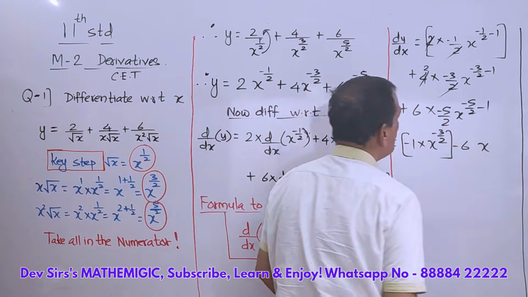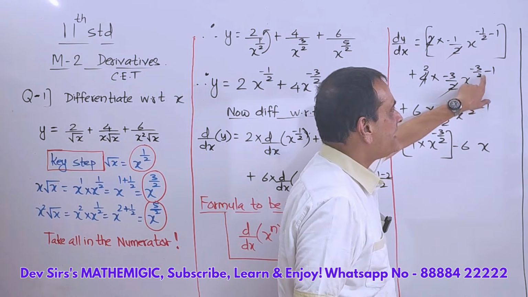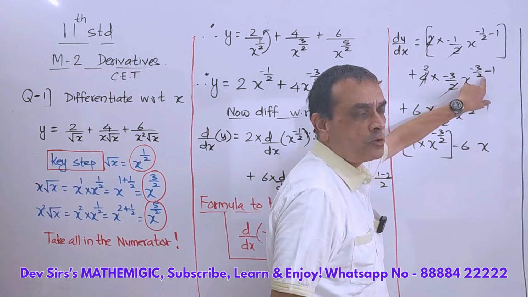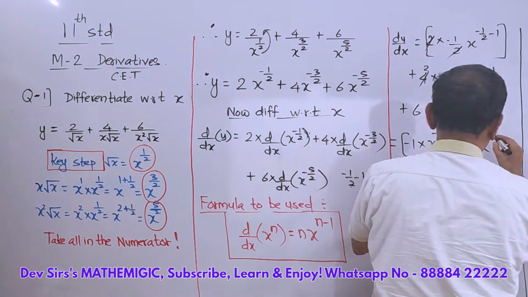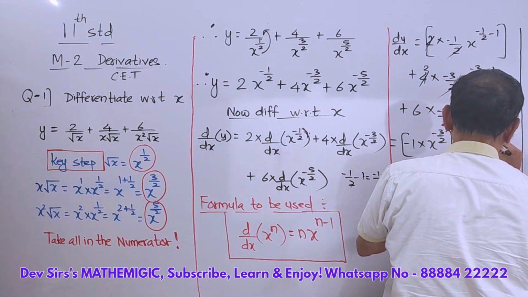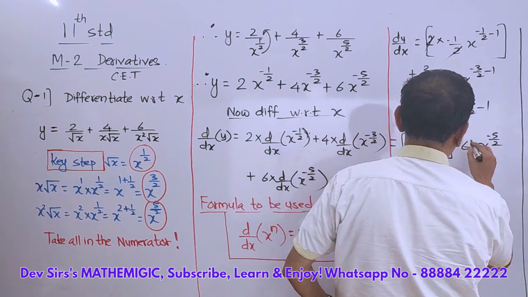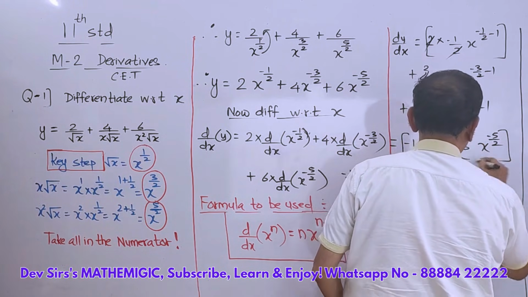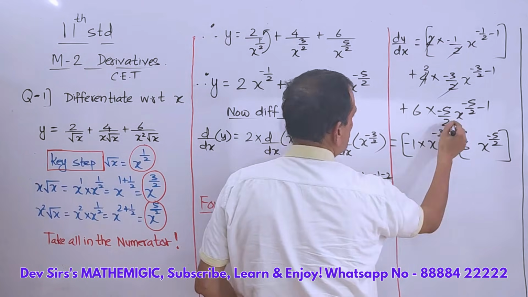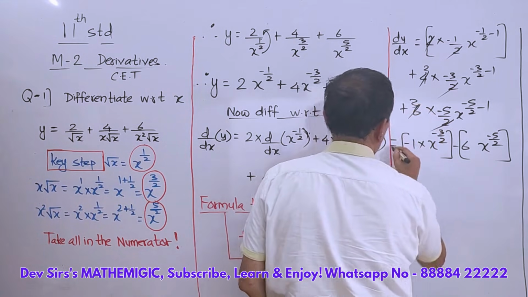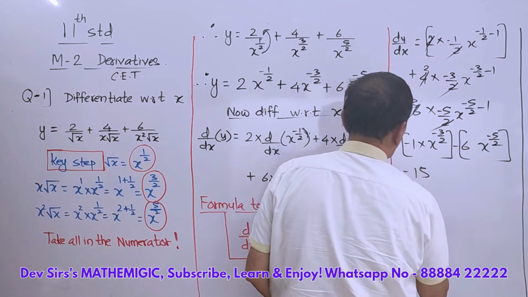x raised to, 2 is the LCM. Minus 3 minus 1 into 2. I'm doing it orally. Minus 5 by 2. Done? This is one bracket. Okay. Here, 2 3s are 6. 3 into minus 5 is minus 15.